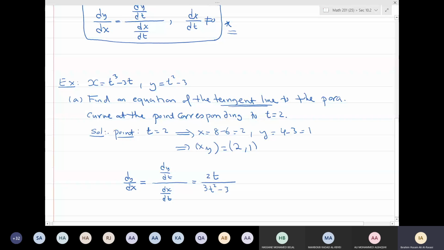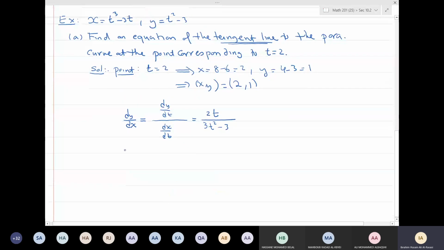Now what is the slope? The slope equals dy/dx at t equals 2, because I am given t equals 2. Substituting, 2t over 3t squared minus 3 at t equals 2 is 4 over 9.